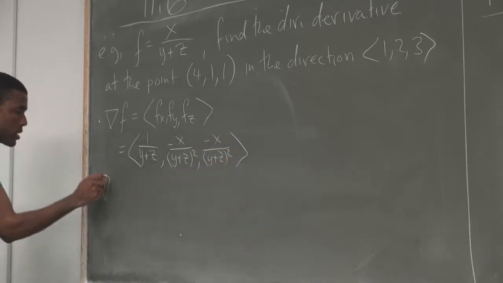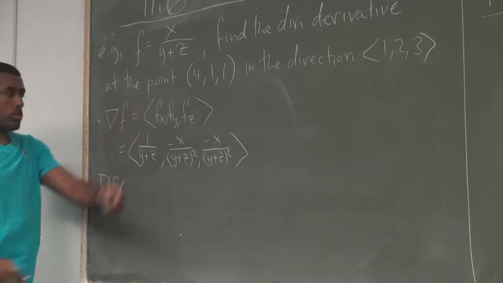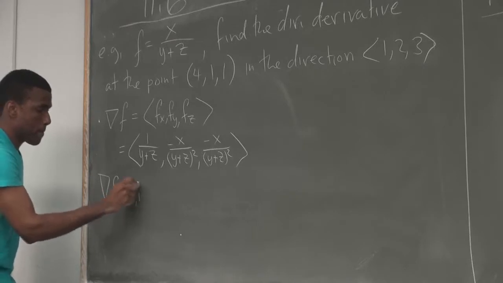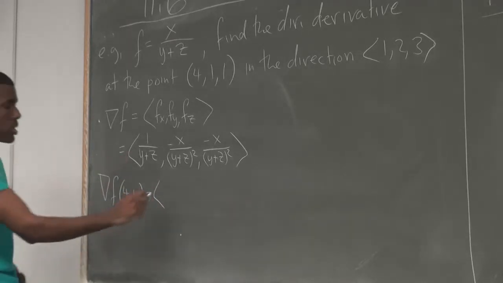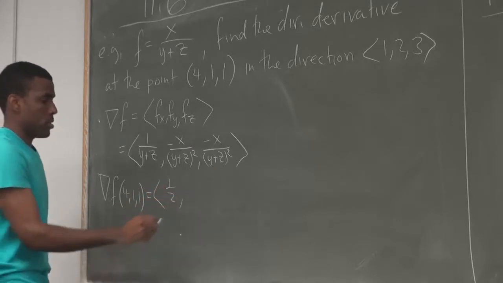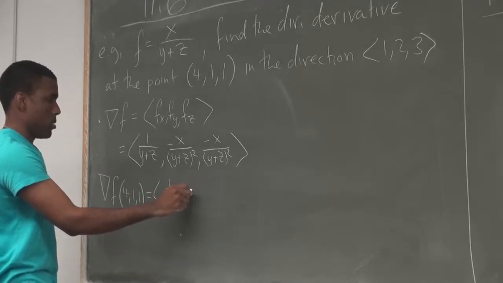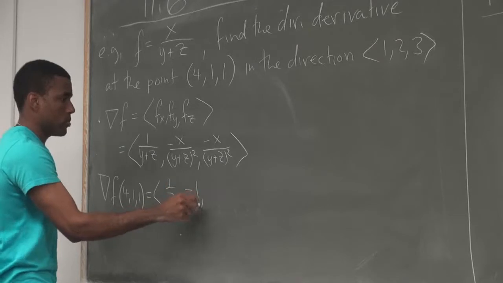So now the gradient vector evaluated at the point 4, 1, 1. This means here it's a half, negative 1, negative 1.